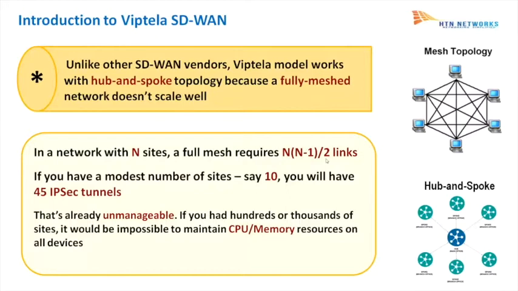Put 10 in the formula and you will have 45 IPsec tunnels. With just 10 branches, you have 45 IPsec tunnels. That's already unmanageable. Imagine hundreds or thousands of branch offices; it would be impossible to maintain CPU and memory resources for all devices.